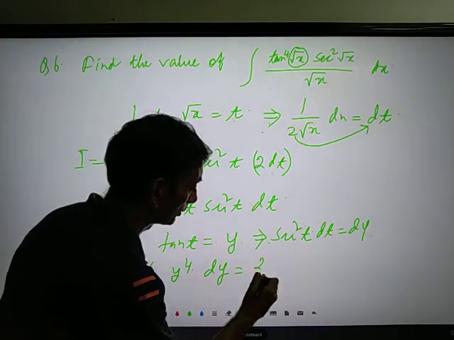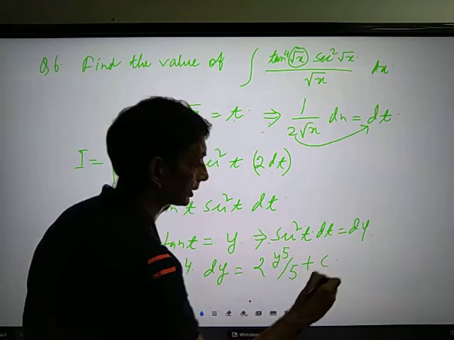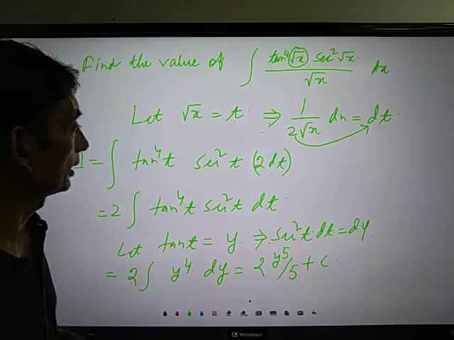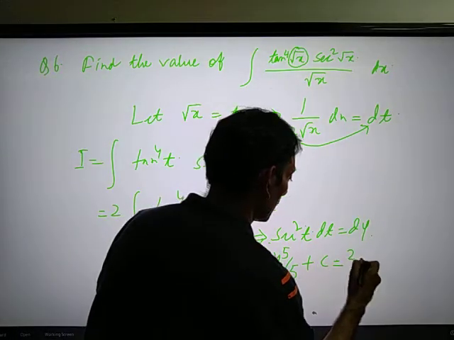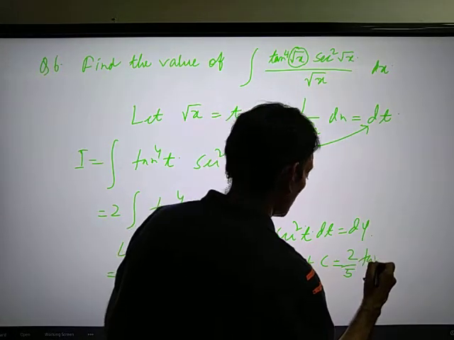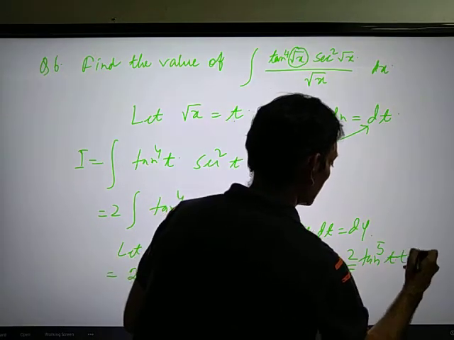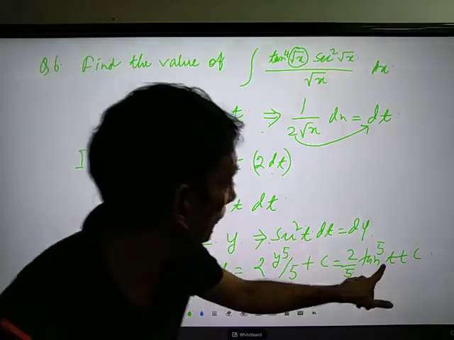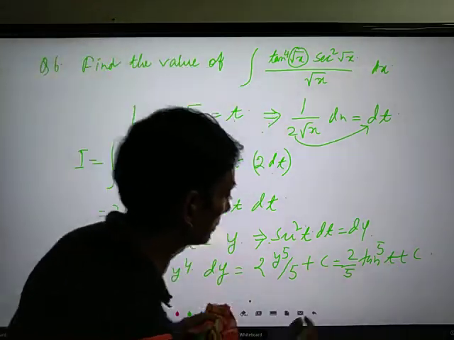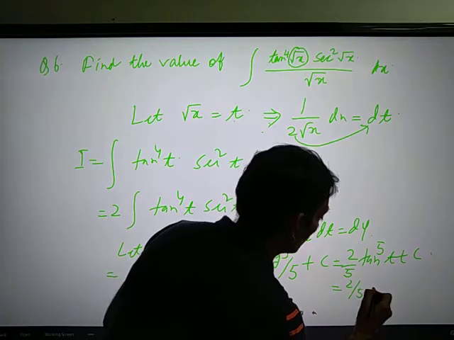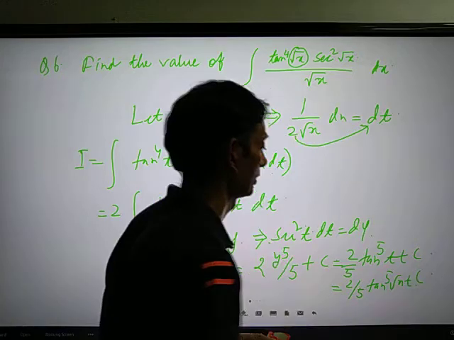If we integrate, this is 2y to the power 5 by 5 plus c. Then what is y? y is equal to tan t. So this is equal to 2 by 5, tan to the power 5 t plus c. Now finally we need to substitute the value of t. What is the value of t? t is equal to root x. So you can write 2 by 5, tan to the power 5 root x, plus c.